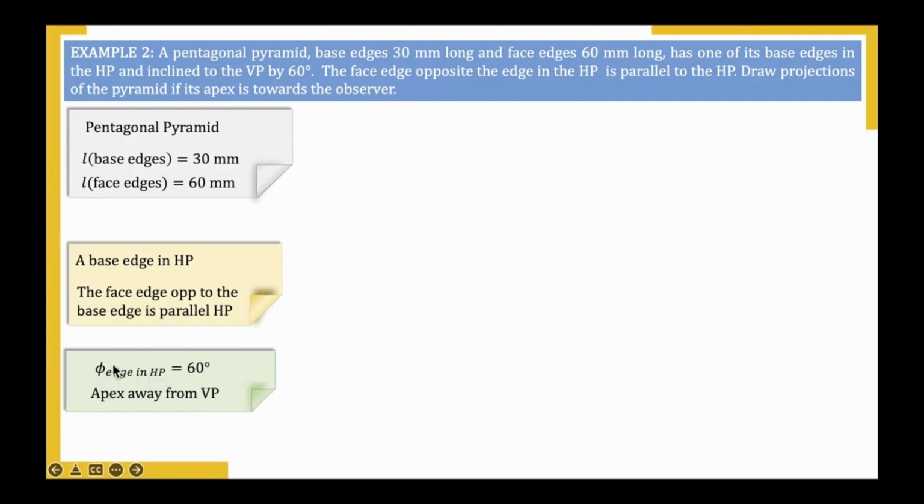So the edge is inclined to VP, therefore it is true inclination. That is why I've used notation phi. Of course there are many edges, so it is the true inclination of the edge which is in HP. One base edge is in HP, its true inclination with VP, because in this sheet I've mentioned details with respect to VP. Okay, now let's start solving the problem.